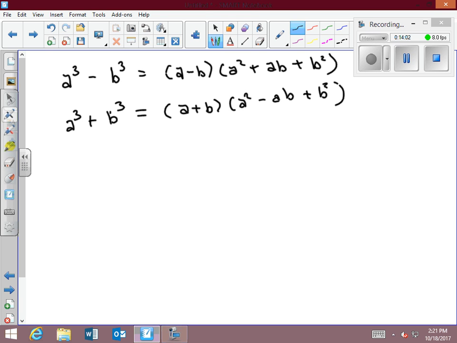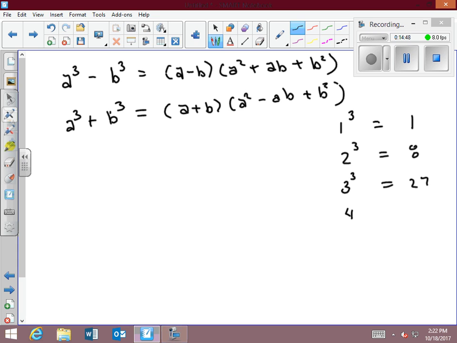Now, another thing that you have to kind of get down is when you cube 1, what do you get? 1, right? When you cube 2, what do you get? Two times 2 is 4, 2 times 4 is 8, right? When you cube 3, what do you get? 27.